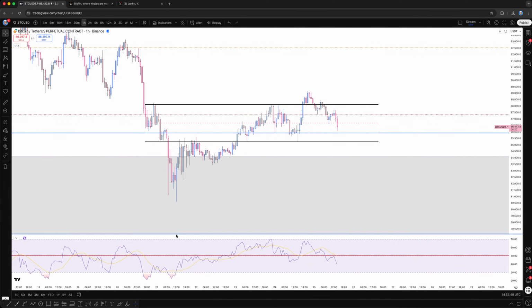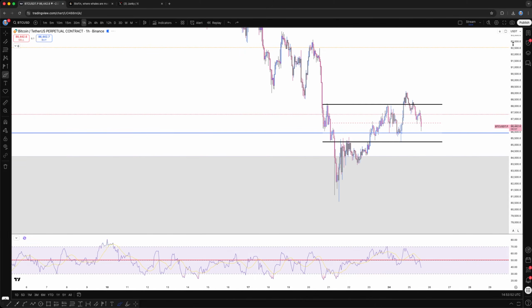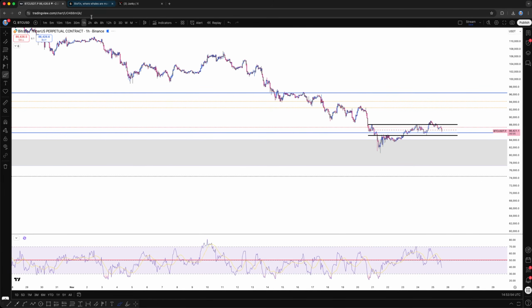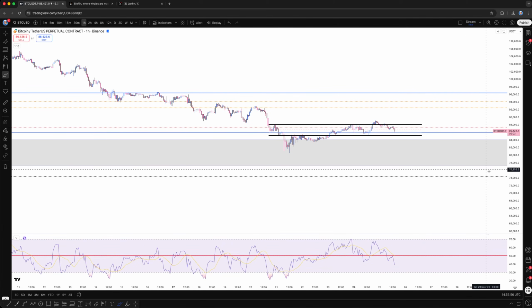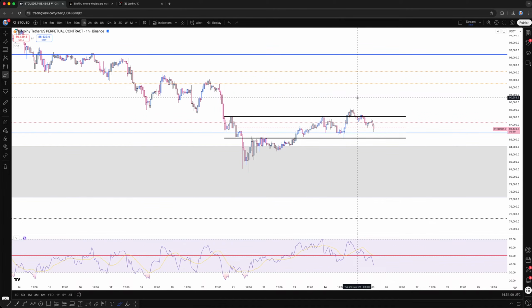I would not be surprised if we start to range further here, because going back to the discussion of the V-shaped recovery, usually price after a very strong trend, in our case a very strong downtrend, have mainly three options: to continue to downtrend, but again this downtrend probably is temporarily exhausted.